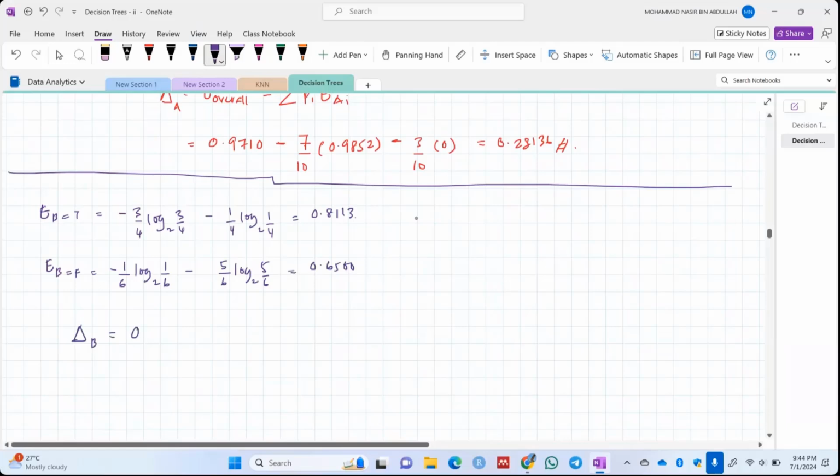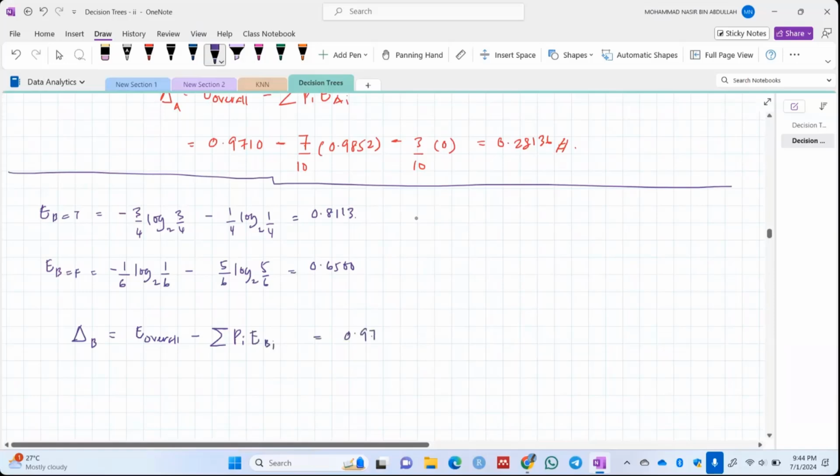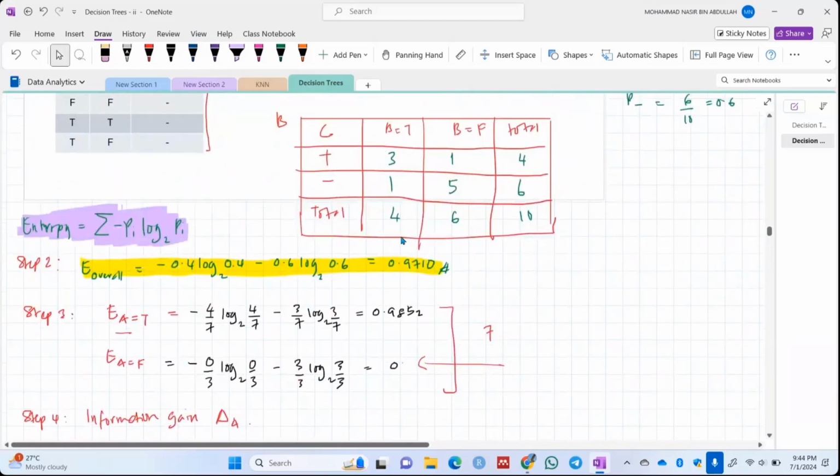So same procedure: entropy overall minus summation of proportion for true and false times entropy of B_i. So this one should be 0.9710 minus, what is the proportion for true? 4 over 10, right?